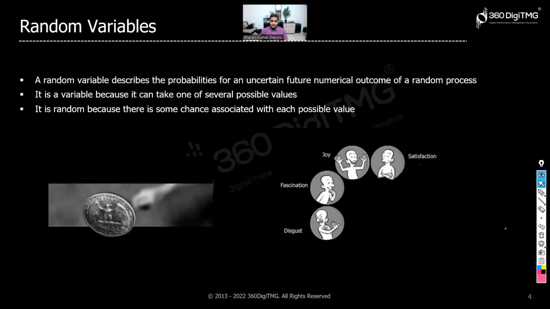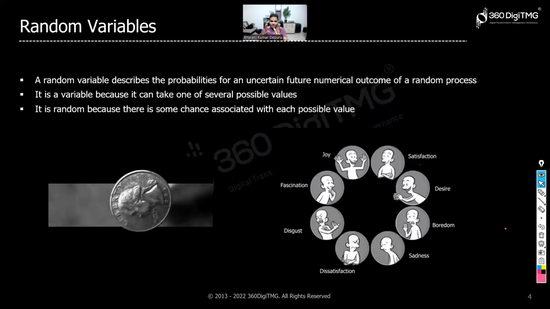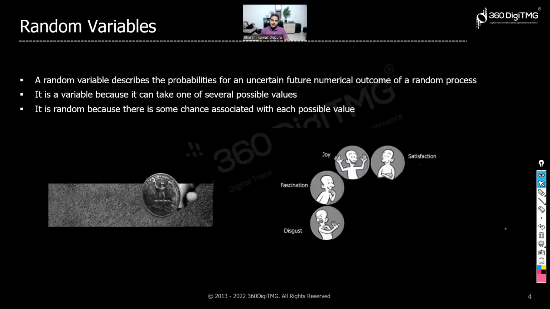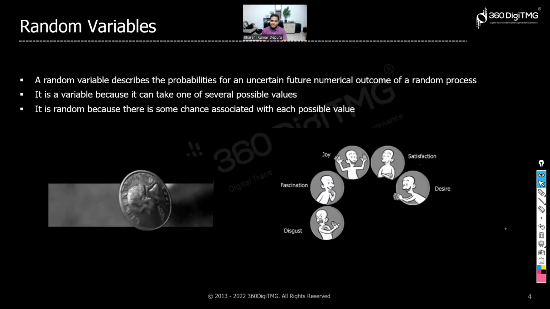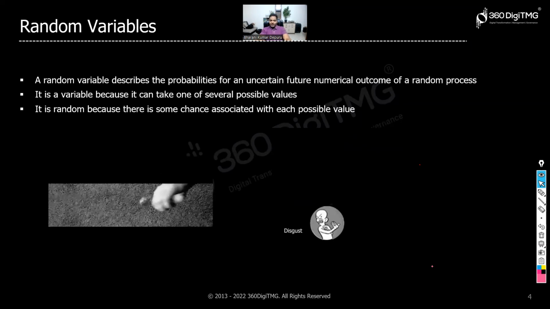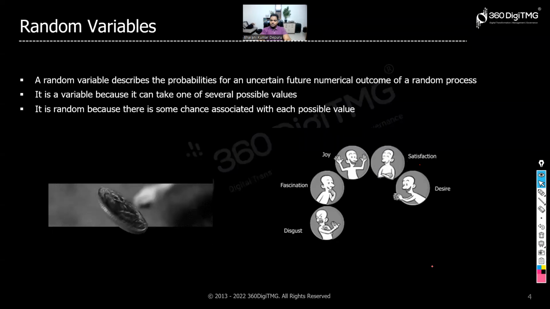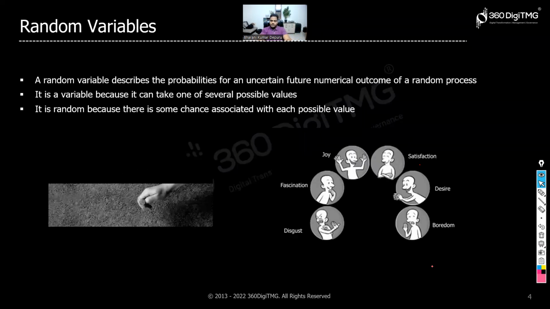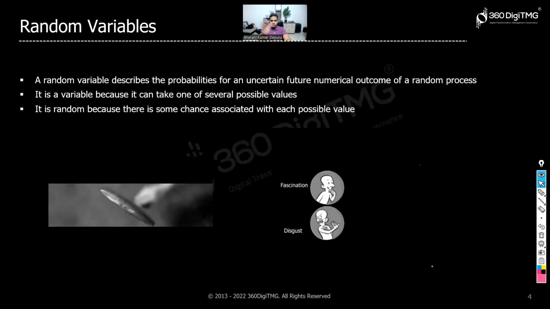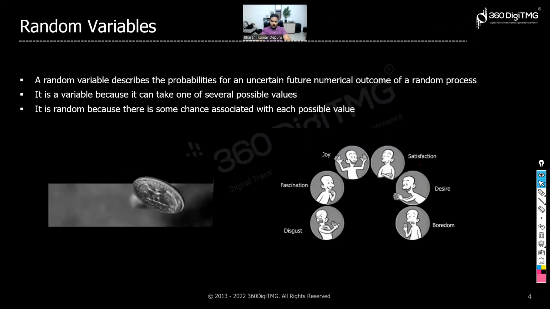So the mood of your manager might be like that, varying. So that's nothing but a random variable, because it does not always remain the same. All right. So this marks the end of the random variable concept. And we will move to the next concept in a moment.